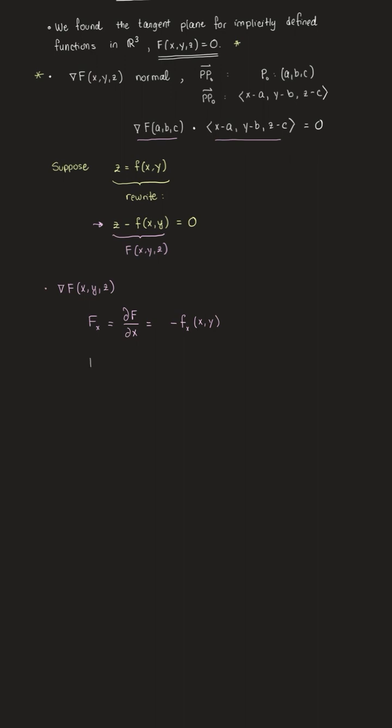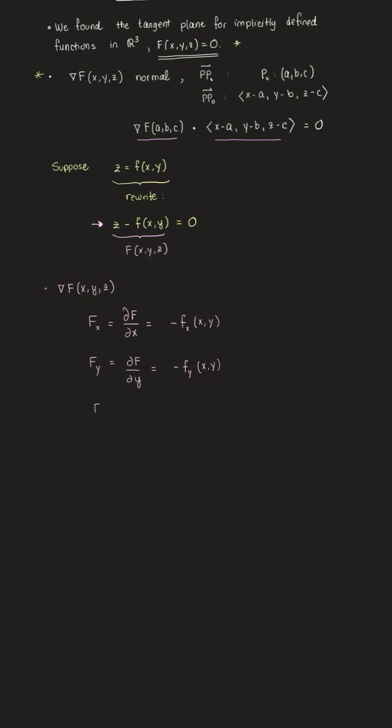Let's do the same for the partial derivative with respect to y. We can write this as del capital F over del y. And looking again up here, that's just going to be negative partial of lowercase f with respect to y evaluated at x, y, or a, b, depending where our point is.